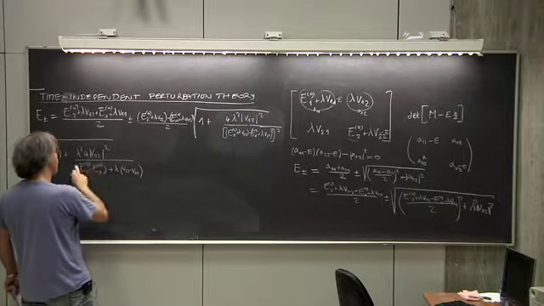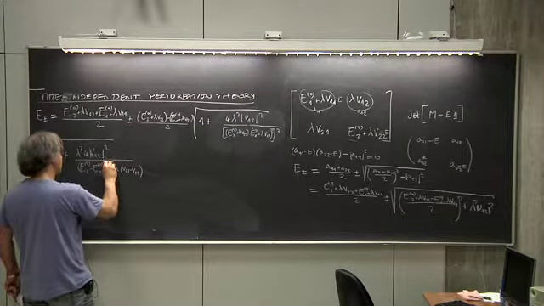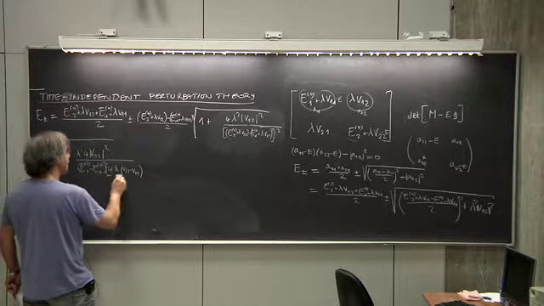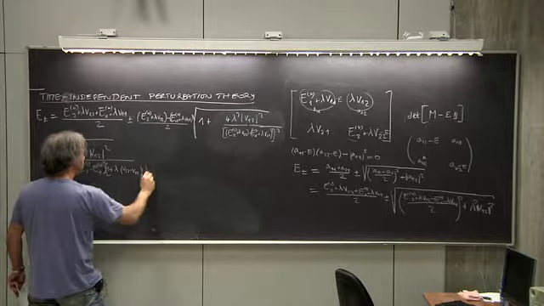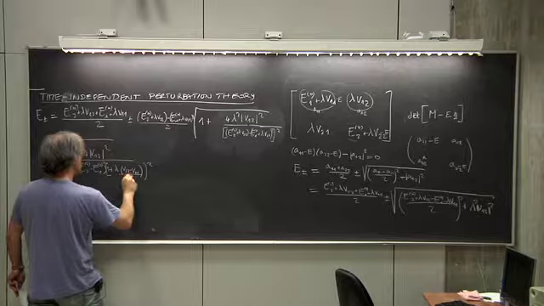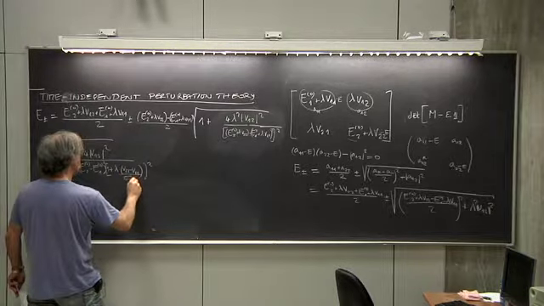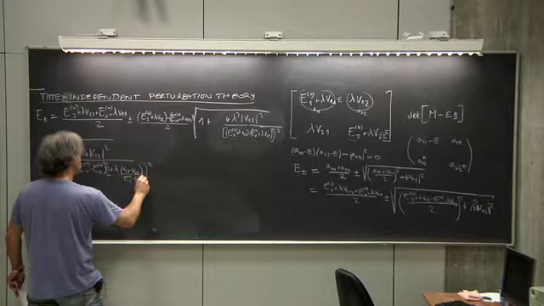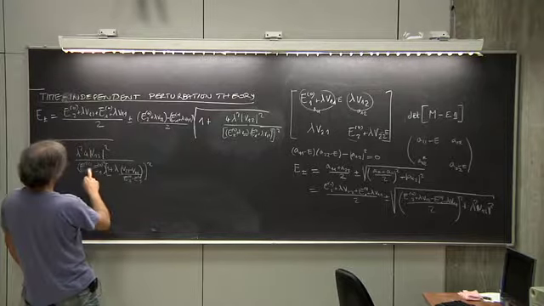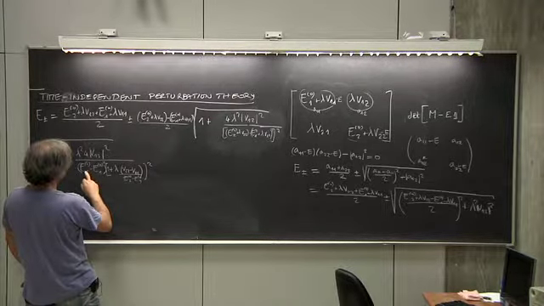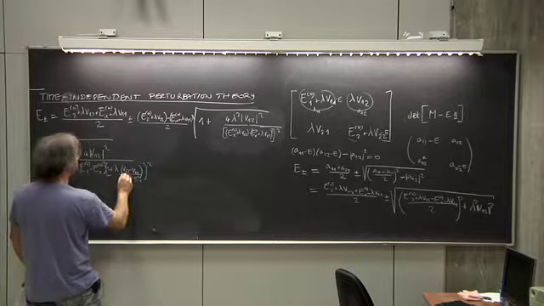So let me take this out and write this as 1 plus lambda, E02 minus E01, and obviously I need to do nothing, okay, like that.